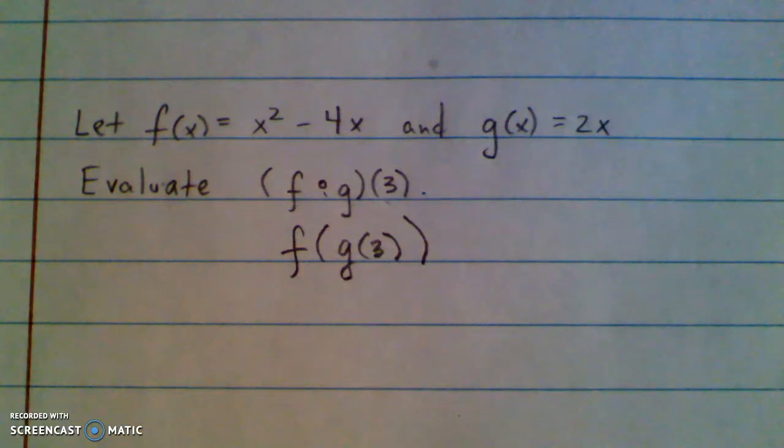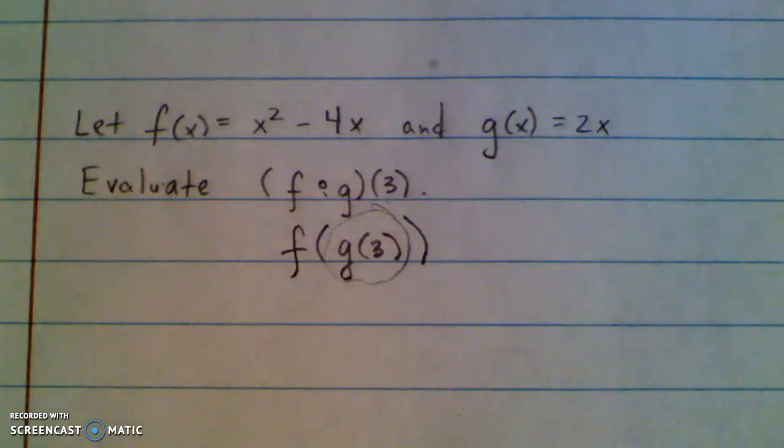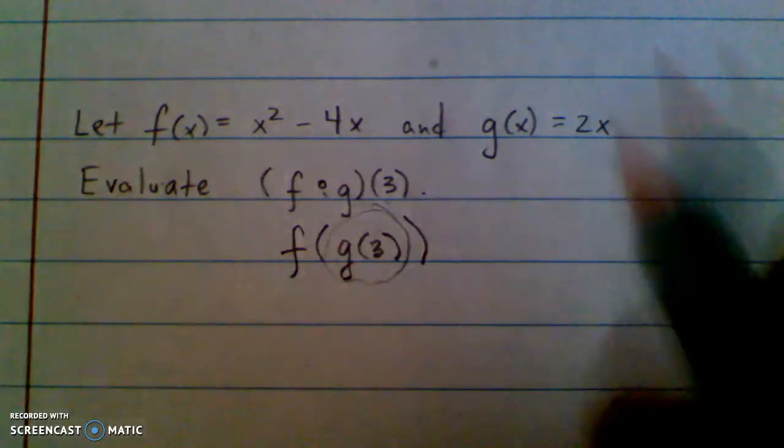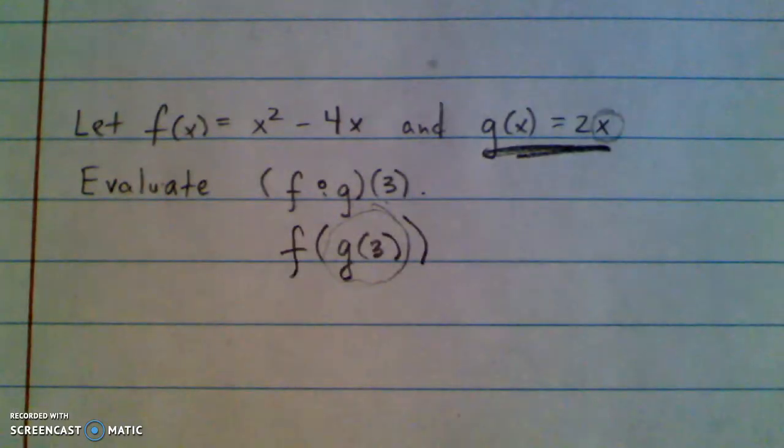So the first thing we need to do in this case is find g of 3. And again, going back to what we just talked about, what does that mean? We're finding g of 3. What do we do? Yeah, in the g function, we want to replace x with 3.